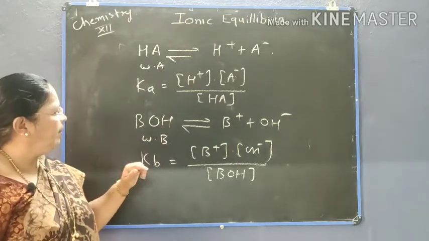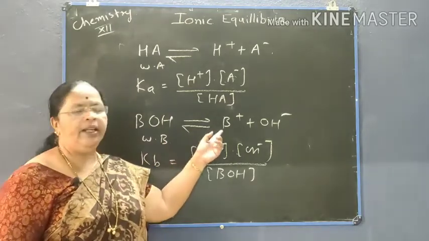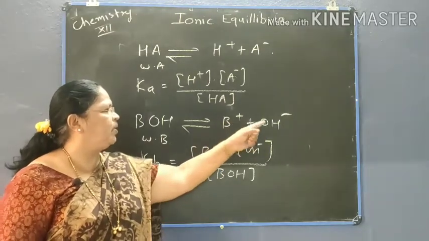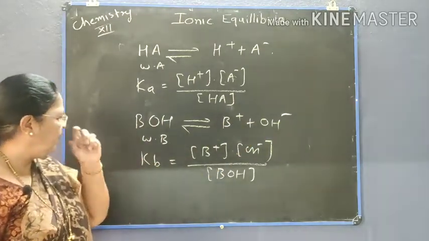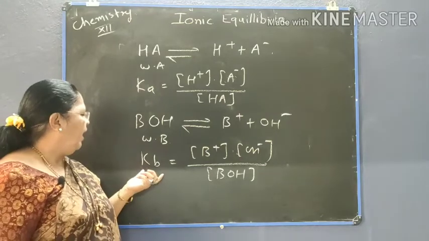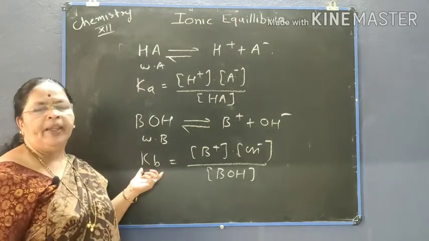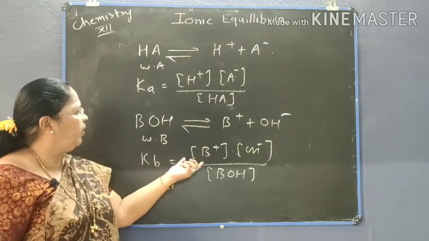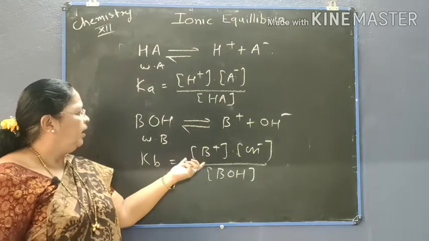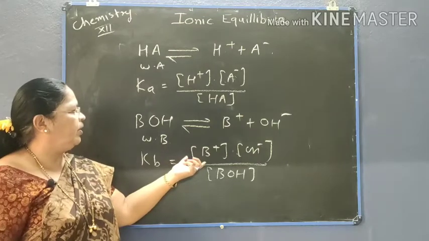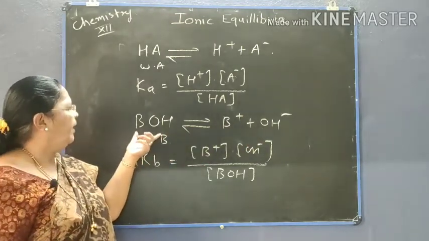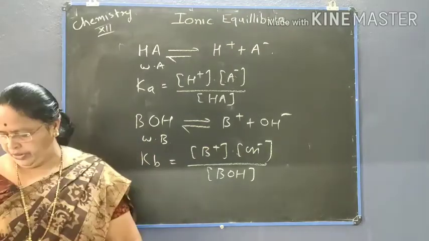At equilibrium in aqueous media it dissociates as B plus plus OH minus. Applying the law of mass action, Kb, the dissociation constant for the weak base, is equal to the concentration of B plus times the concentration of OH minus divided by the concentration of BOH.